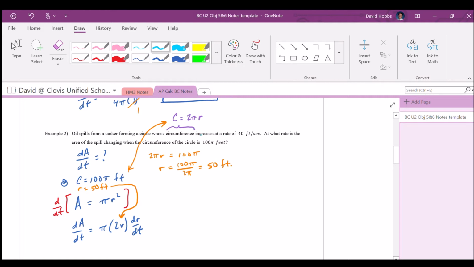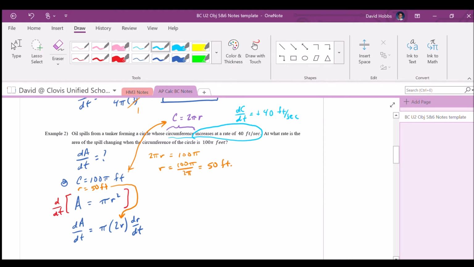We're not using the fact that the circumference is increasing at a rate of 40. We haven't used that yet. If they're giving you information in a problem, usually it's pertinent, not always. Sometimes it's extra information, but usually it's pertinent. So what is this value they gave us right here? Circumference increases at a rate of, isn't that dC/dt? Since we have dC/dt and we have a circumference formula, I think I can see where we're trying to go with this.